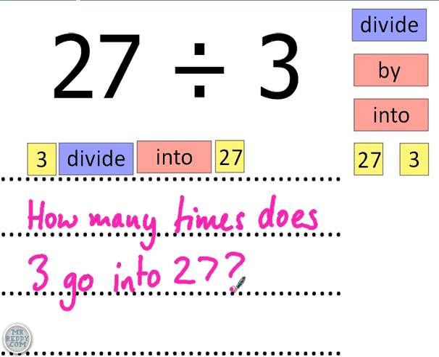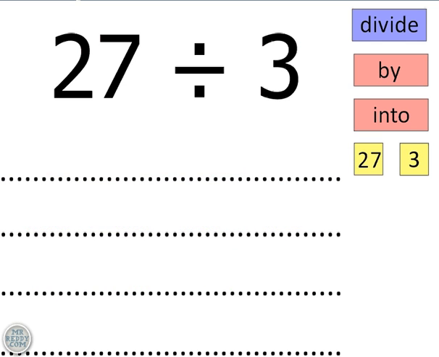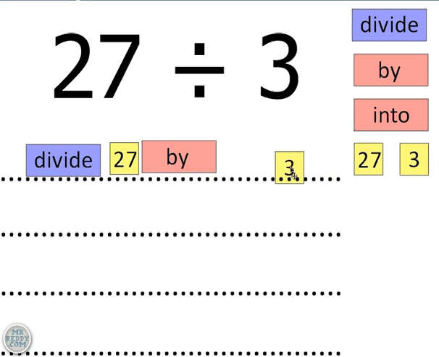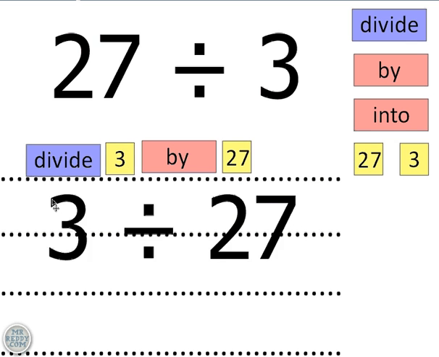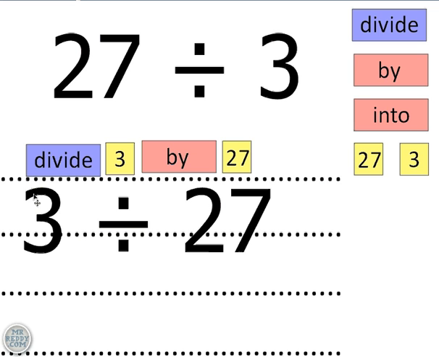Okay. Other ways that you might use this, you might say divide 27 by 3. But we're not saying divide 3 by 27, because divide 3 by 27 relates to that. Okay.